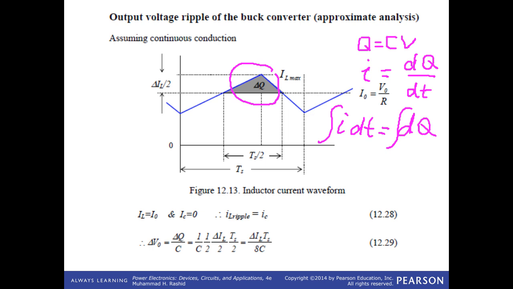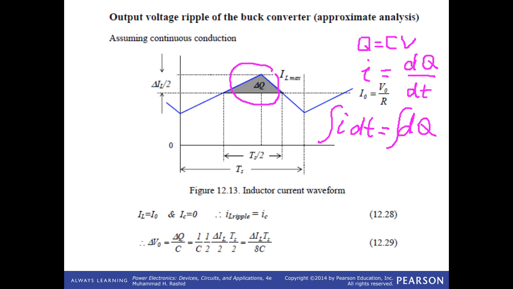First time he used IL max here, Mohammed Rashid used IL max here. I always use I max and I min, but he prefers I1 and I2. Anyway, now this time is half of the switching period. Therefore, you can calculate the triangle here.